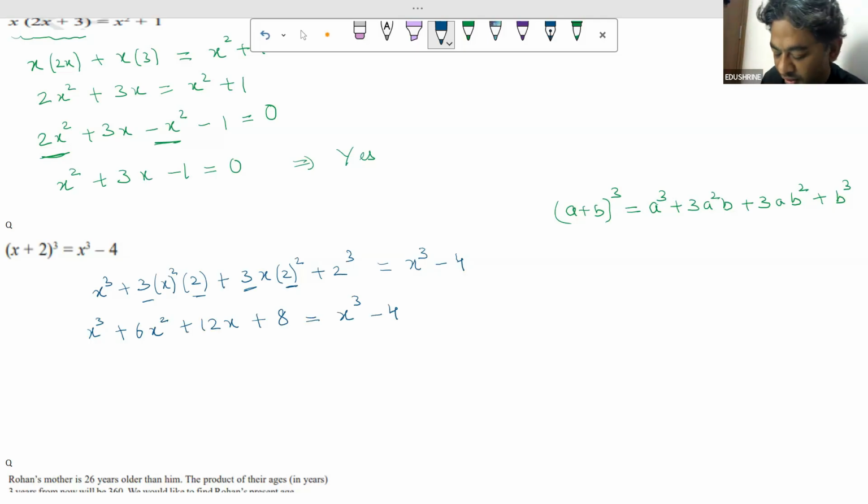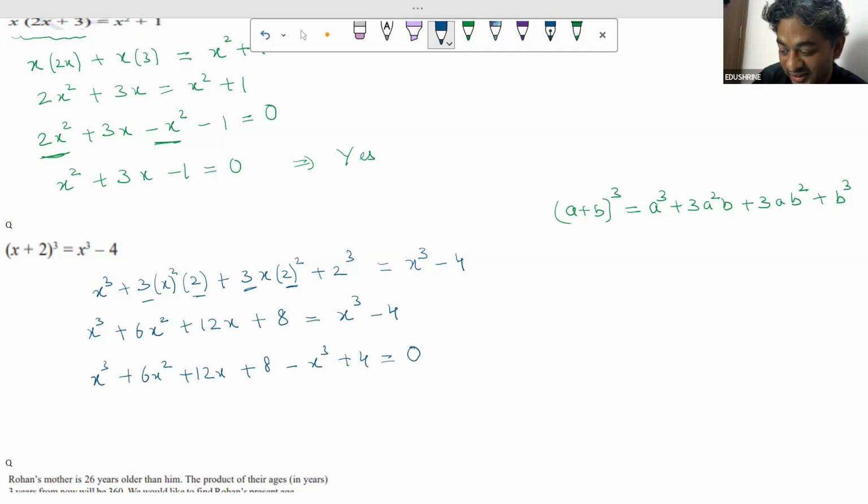Now again I have got a few terms on my right hand side. I'll try to take them on the left hand side. So x cube plus 6x square plus 12x plus 8 minus x cube. X cube comes on the left hand side, becomes minus x cube. Minus 4 comes on the left hand side, becomes plus 4, equal to 0.